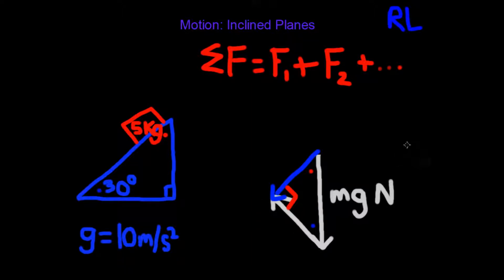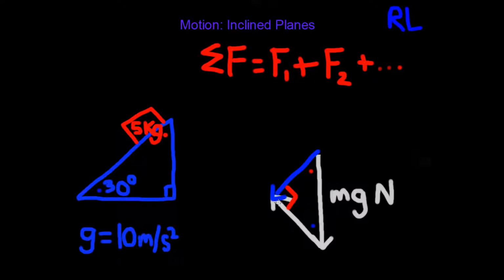We've got a right angle triangle. We can just use SOHCAHTOA to work out all of our forces. We've got the adjacent force to this blue angle, which is one we'll typically use because it makes this angle here, 30-degree rise on this plane.